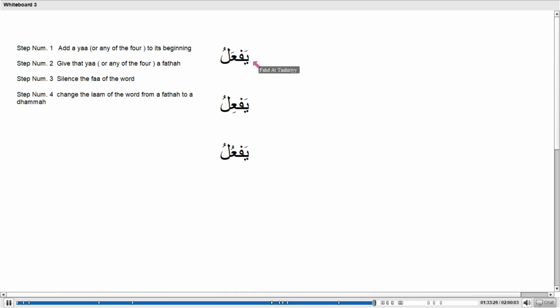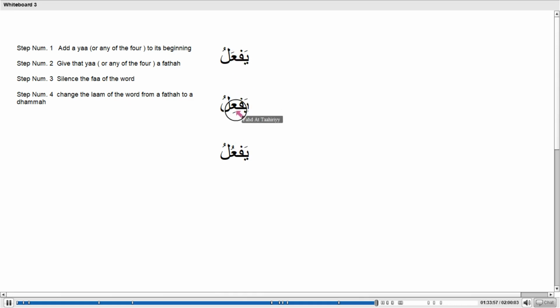Now we said, why isn't the sukoon given to the first letter? Because the Arabs don't start with a silent letter. Why didn't we silence the ayn instead? Because the changing of the vowel on the ayn determines the chapters, or the different forms.